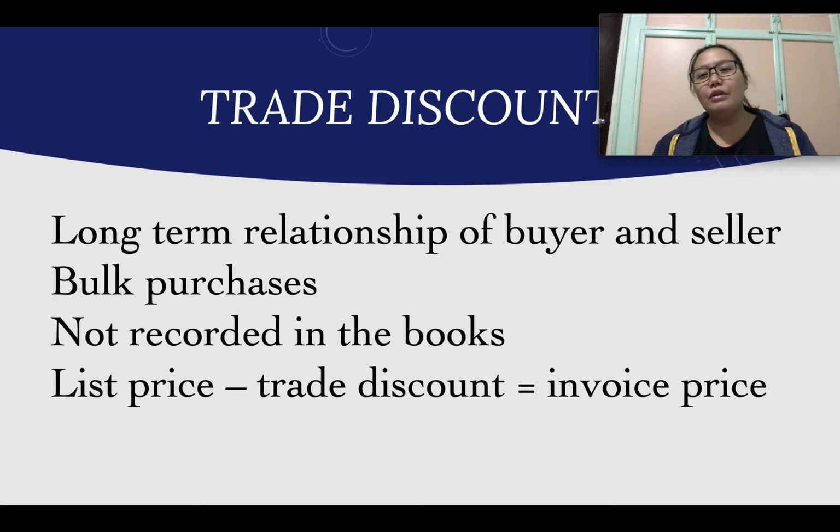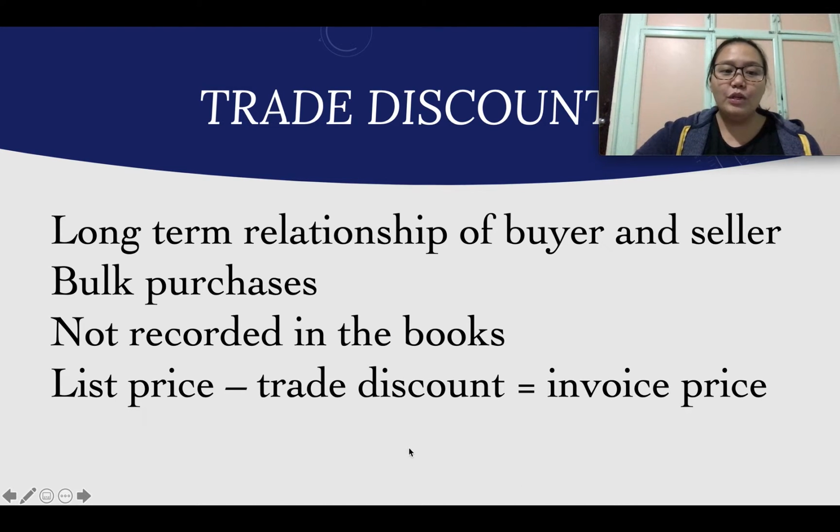So in our example earlier, the list price is 100,000 and then you are given a 10% trade discount. So minus 10% of 100,000, we have 90,000, and then you are given another 20% trade discount. So 90,000 times 20% is equal to 18,000. 90,000 minus 18,000, the invoice price will be 72,000.